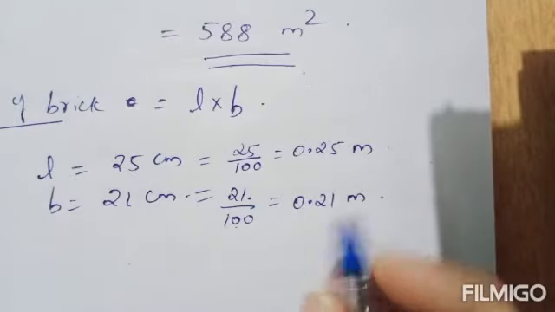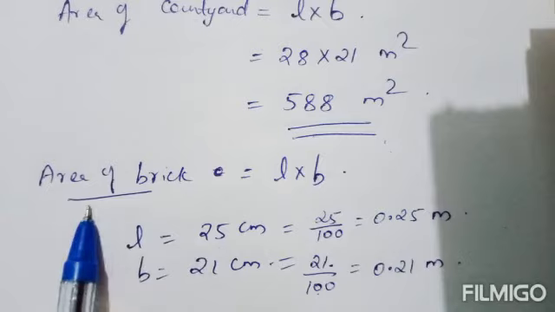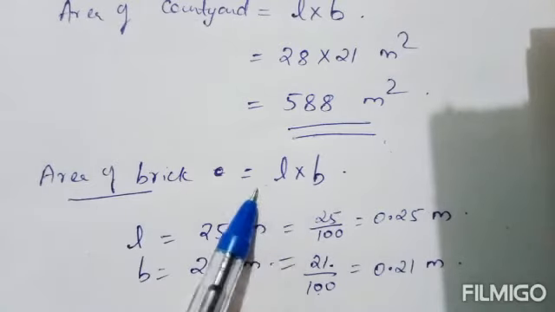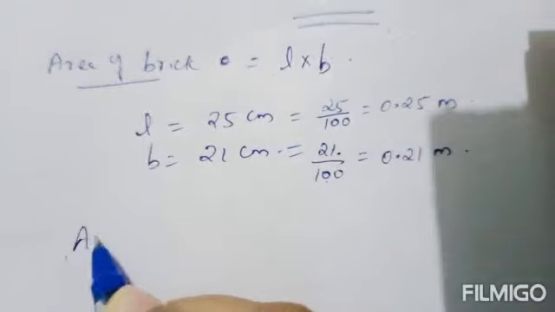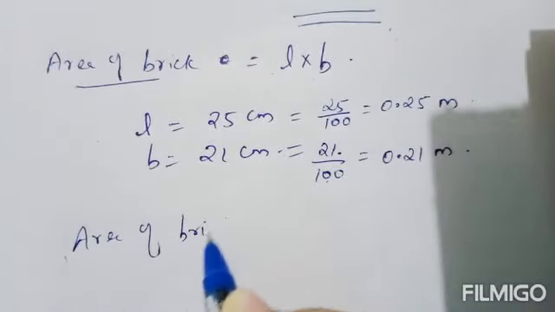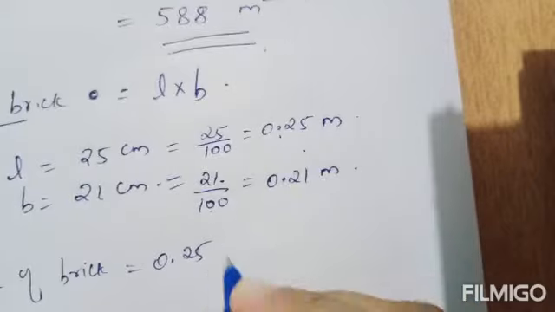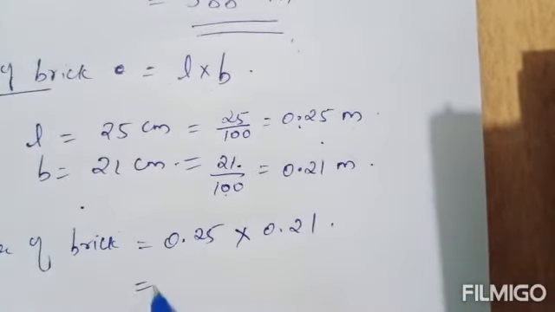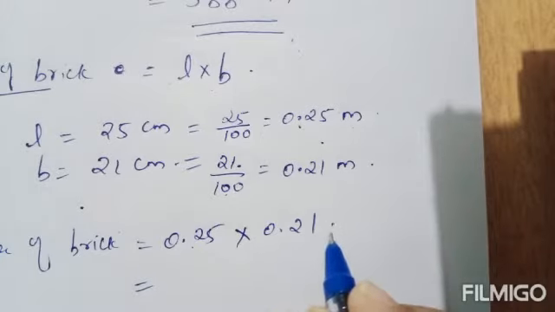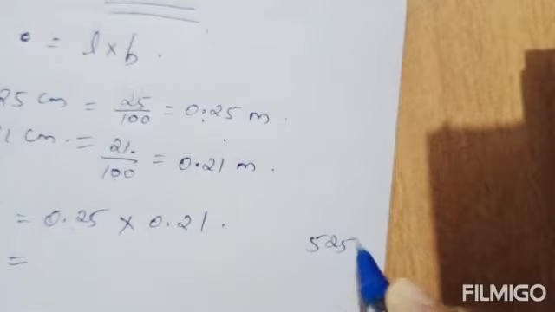Now we can find the area of brick. Length and breadth are given, so area of brick will be L into B, that is the area of rectangle formula. Area of brick equals length into breadth. Length is 0.25 meter into breadth 0.21. Now you can find 25 into 21. You will get 525.